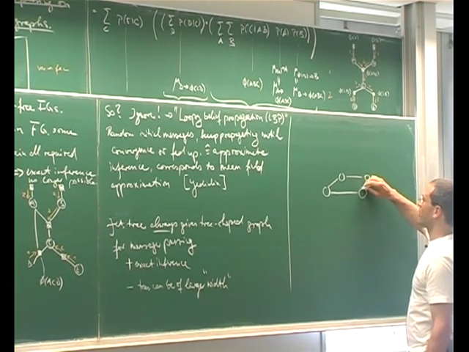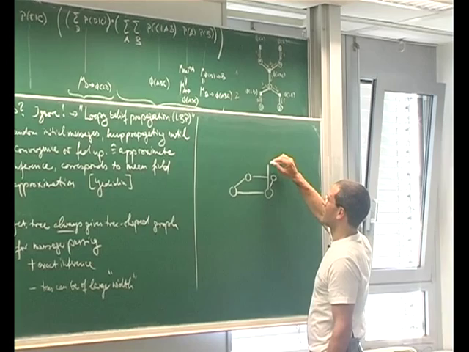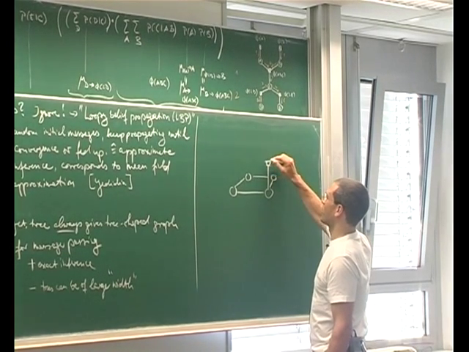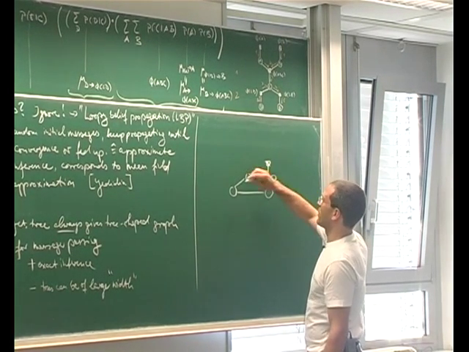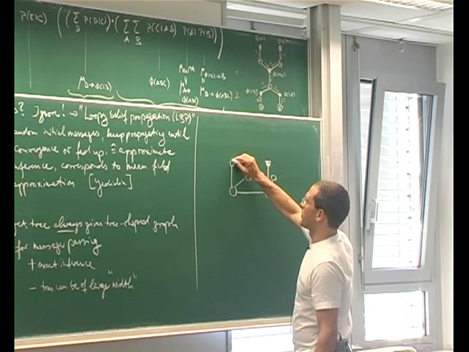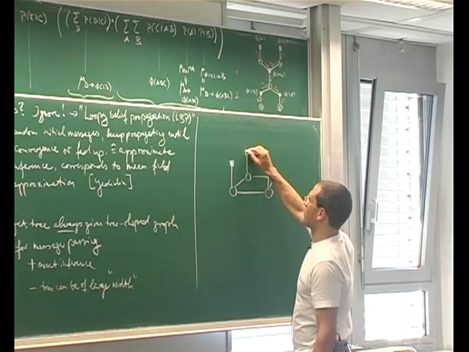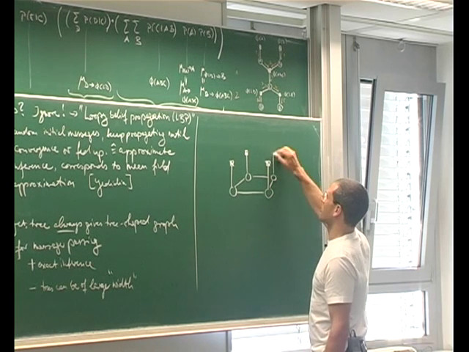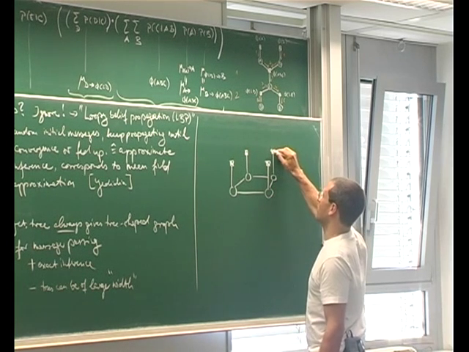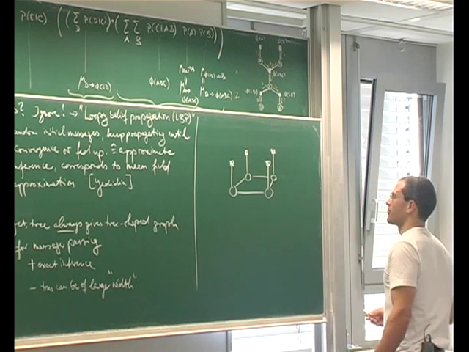Now, for each of these hidden variables or latent variables, you have a factor that is typically coupled to the local observations that you made, for instance, in the original photograph.